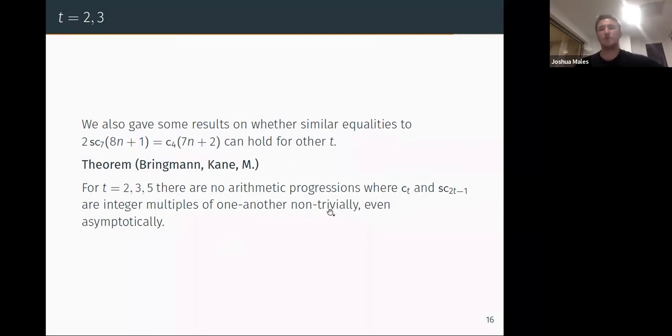And here, non-trivially just means that sometimes they're always 0. Even better, they can't hold even asymptotically. So even if I look at just their asymptotics, whether they settle down into something like this equation, this never happens. Okay, so what happens if I take t greater than 5?